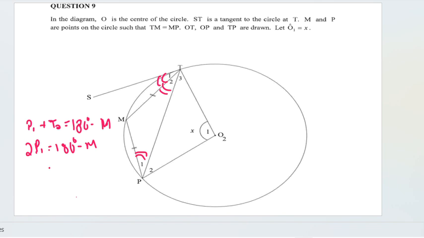But what is M? M is the division of O2 by 2. What does that mean?